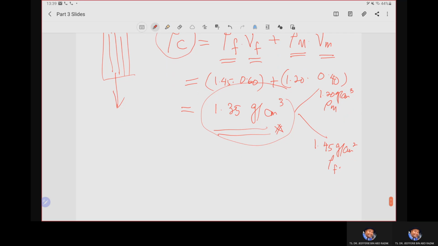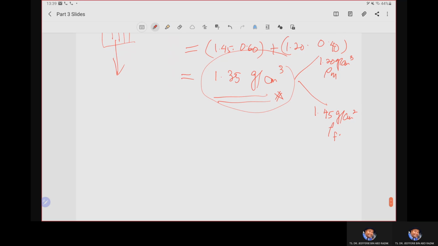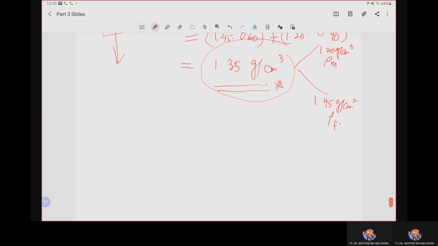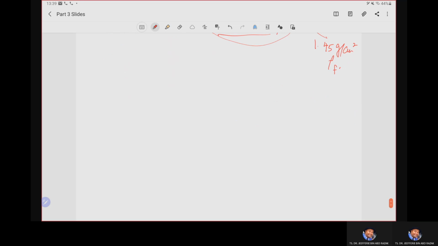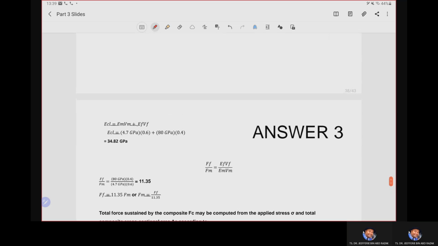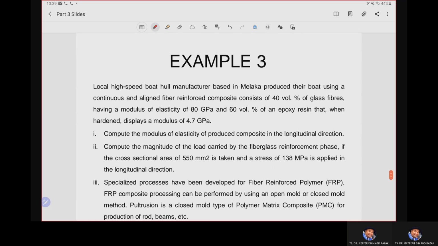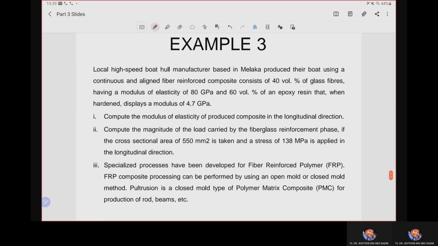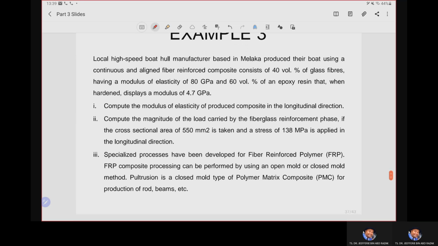Next, we proceed to example 3 here. For example 3, the question is about a local high-speed boat hull manufacturer, the boat body based in Malacca, which produces their boat using continuous and aligned fibers.